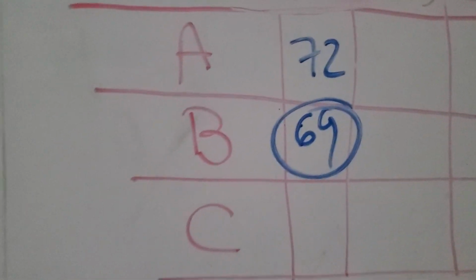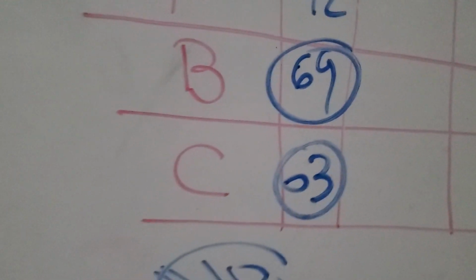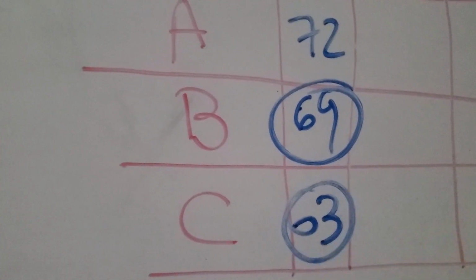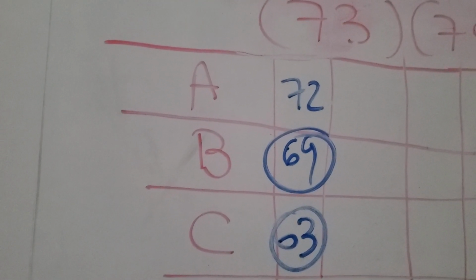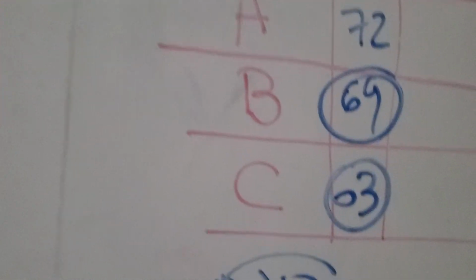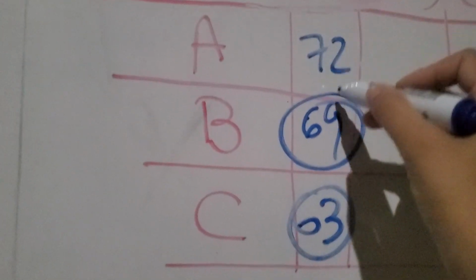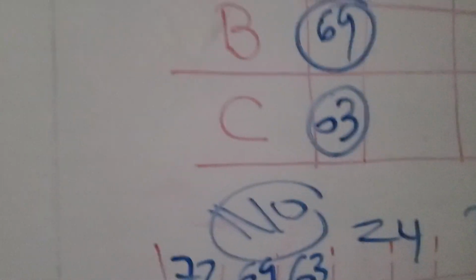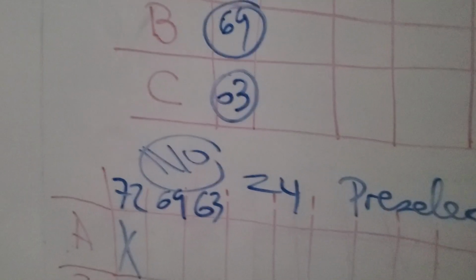So the lowest is going to be 63. But I say, no, write it down anyway and do it in order. As in, you write down 72, 69, and 63. And you do it like that all the time in order.